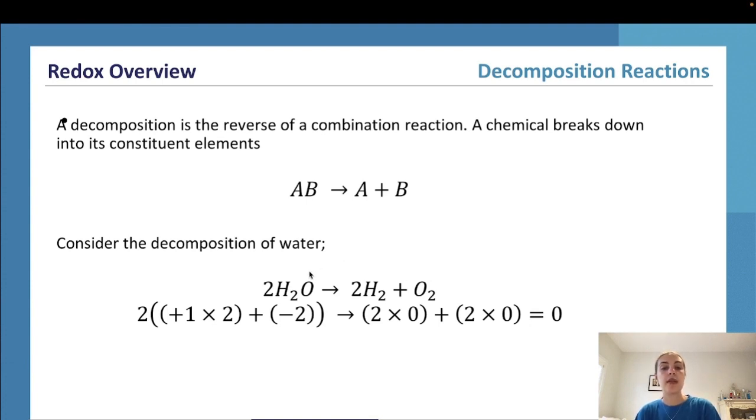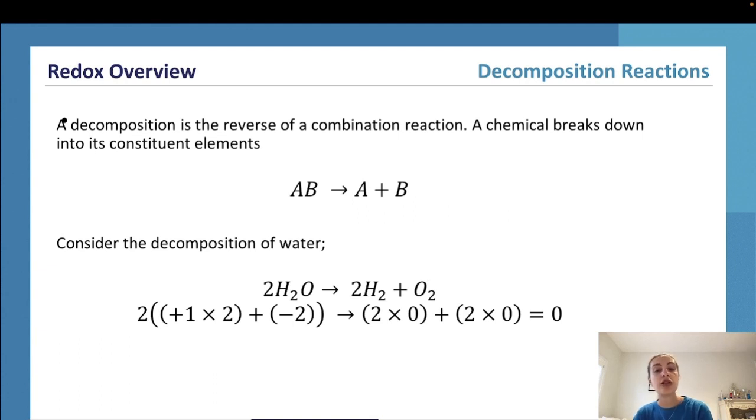So because of that, if hydrogen is gaining electrons, we can say that hydrogen is being reduced, whilst the oxygen is losing electrons, we can say the oxygen is being oxidized.